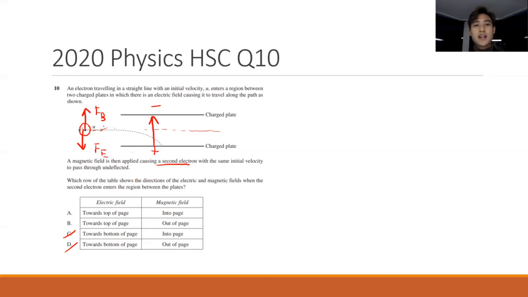Now, using our right-hand rule, we will be able to determine that the magnetic field should be going out of the page, which means that B is our only correct answer. Do note when using your right-hand rule, make sure to flip your thumb 180 degrees to account for the fact that it's electron flow that we're considering.